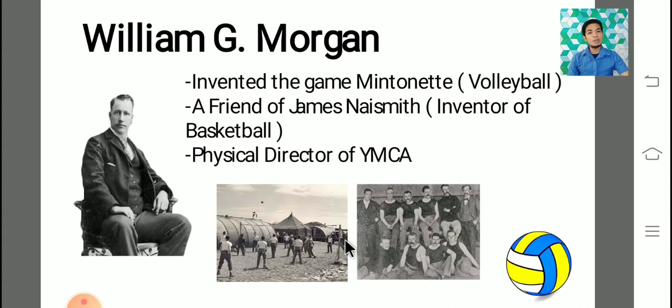Kaya kung mapapansin ninyo sa picture dito sa baba, sila ay nakapantalon lang. Pagkatapos ng trabaho siguro ay tinanggal lang yung coat, then naglaro na. Okay? So that was how the mintonette or the volleyball was invented by William G. Morgan.